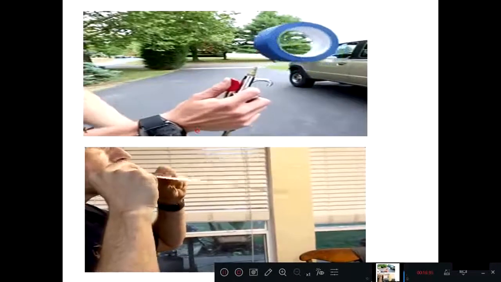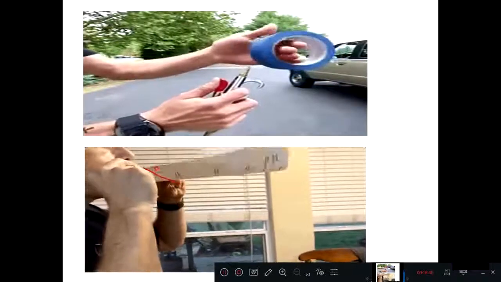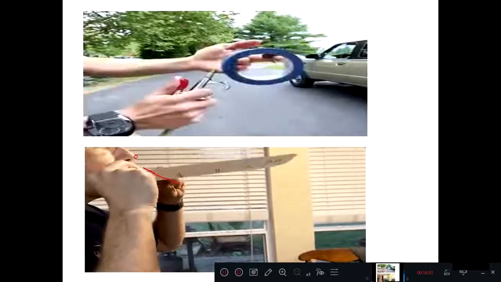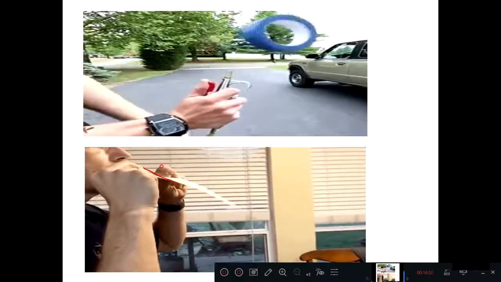One more, see this person is blowing air over a piece of paper. On the upper side he is blowing the air, which means he is making the air particles move faster over the piece of paper.